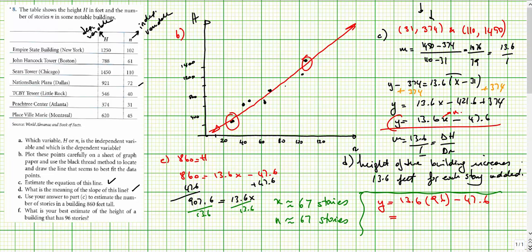So 13.6 multiplied by 96 minus 47.6 is approximately 1,258 feet, your estimated height.